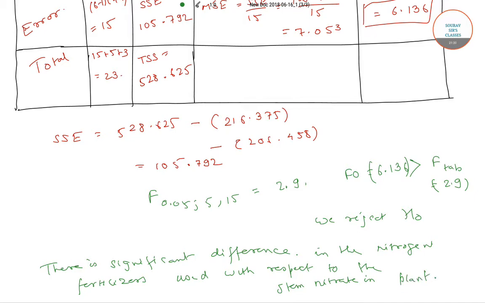So from this Anova table, we find out that there is a significant difference in the nitrogen fertilizers used with respect to the stem nitrate in the plants.